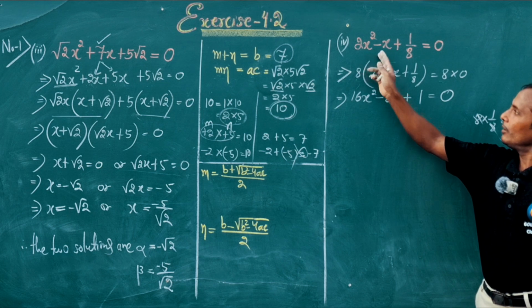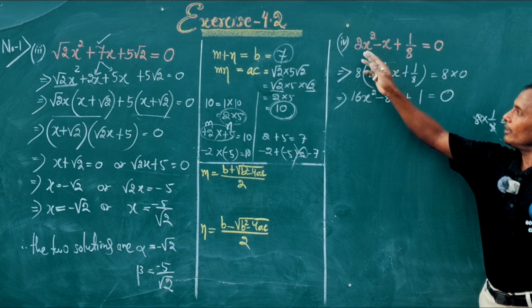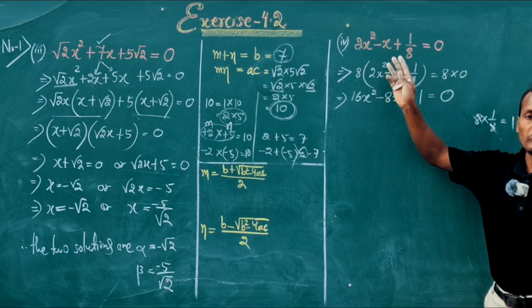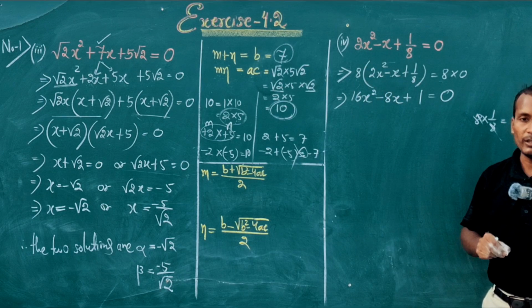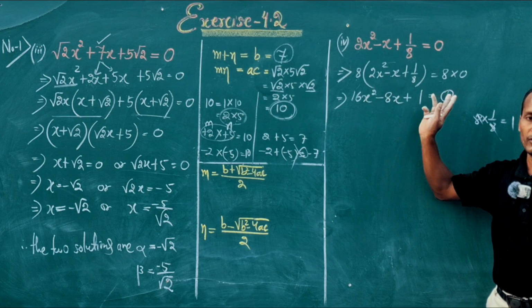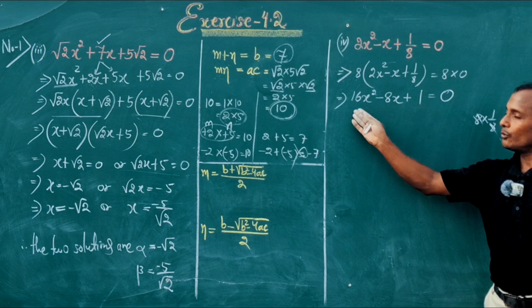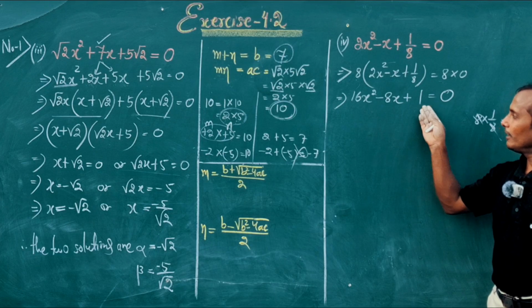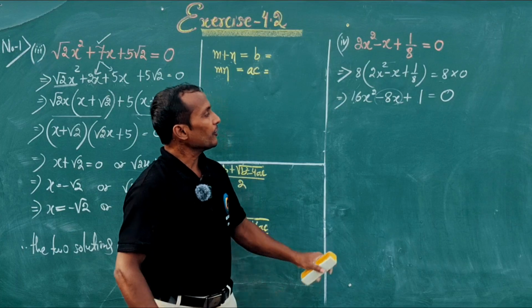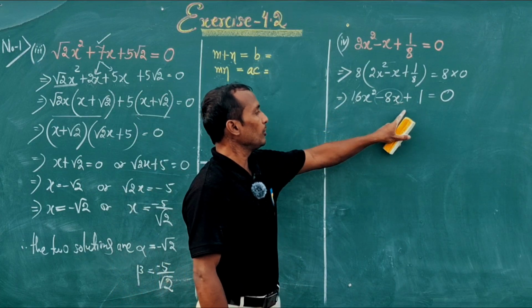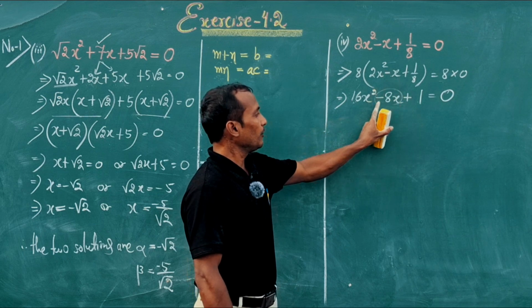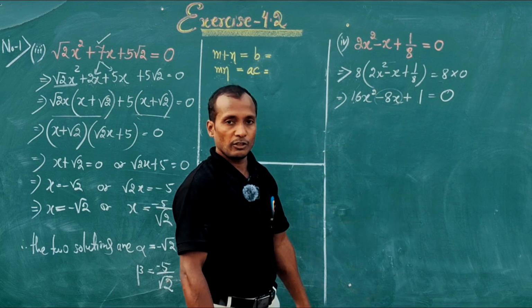If you have more than one fraction in different terms, then take the LCM of the denominators and multiply that LCM with LHS and RHS. Then you will get an expression where denominators will not be there, right? So students, now your equation has a quadratic polynomial which does not have any fraction, means we avoided the fraction, and we have a simplified quadratic polynomial.